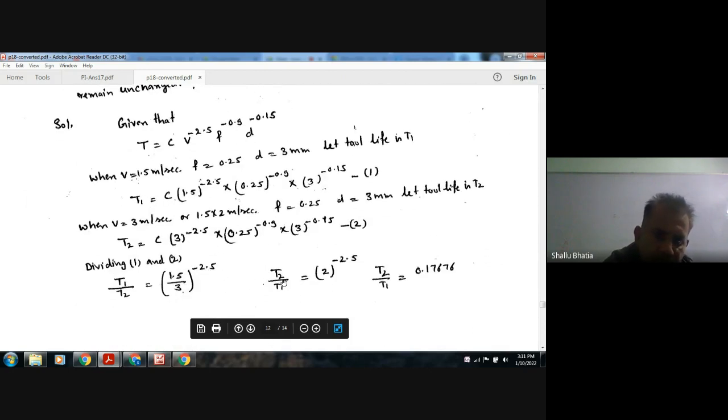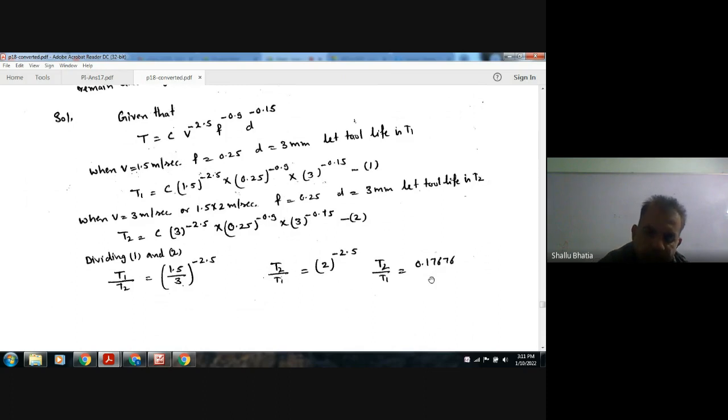So T2 by T1 is (1/2) raised to minus 2.5. Solving it out, you get T2 by T1 equal to 0.17676.